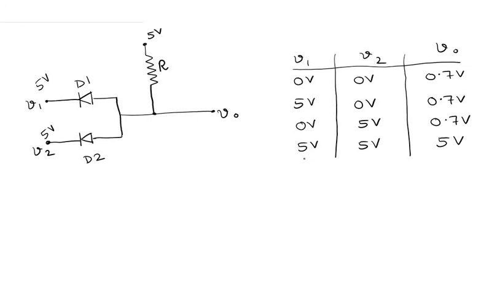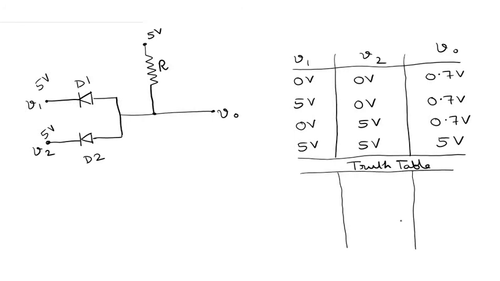If we construct the truth table, considering the same logic as before, a voltage less than 2.5 volts is considered logic low and a voltage greater than 2.5 volts is considered logic high. So if we consider that logic and construct the truth table, we get low in V1, low in V2 and also low in V0.